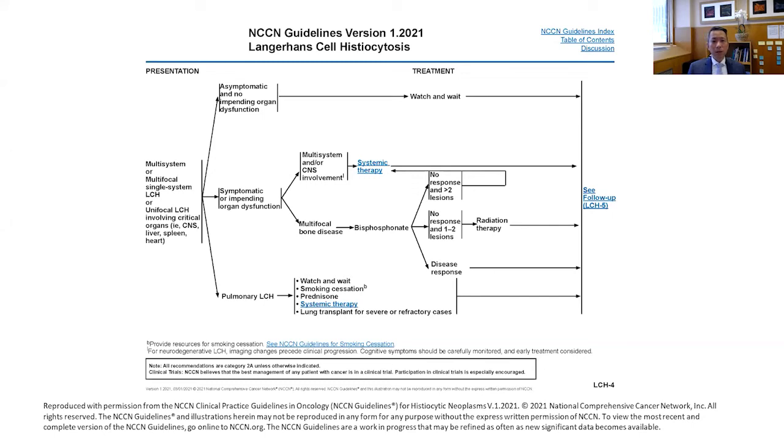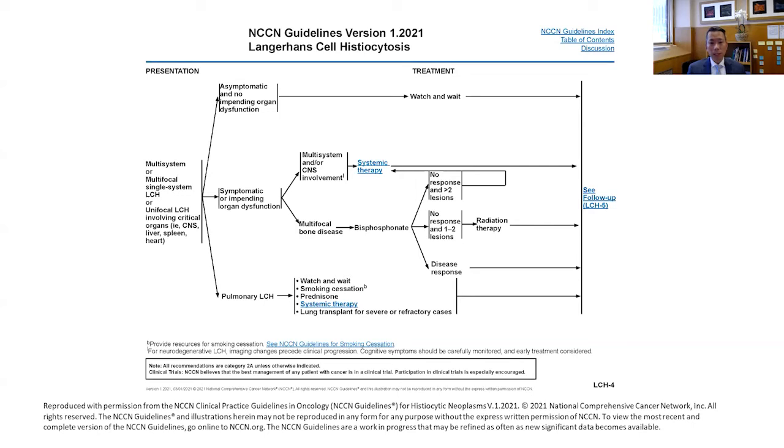One thing that is unique for LCH is if this is primarily lung involvement, the first question is: is the patient smoking? Most of the patients with pulmonary-only LCH are smokers, and therefore smoking cessation is the first treatment or management of choice.